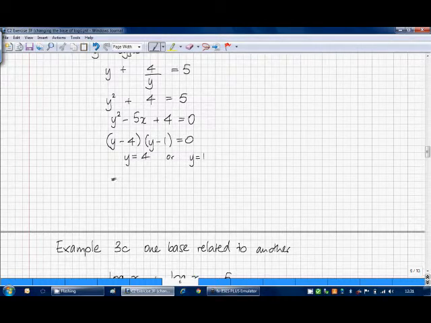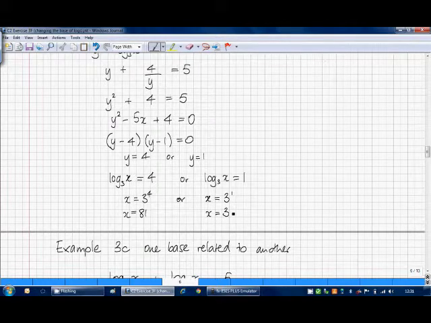Then we remember that y was log base 3 of x, and if that's equal to 4 or 1, we can solve that: 3 to the power 4 is equal to x, which turns out to be 81, or x is equal to 3 to the power 1, which is just 3. So we get 2 solutions because it turns out to be a quadratic.